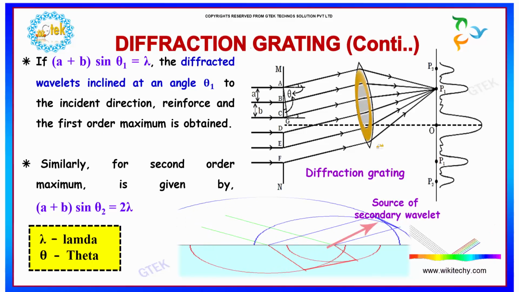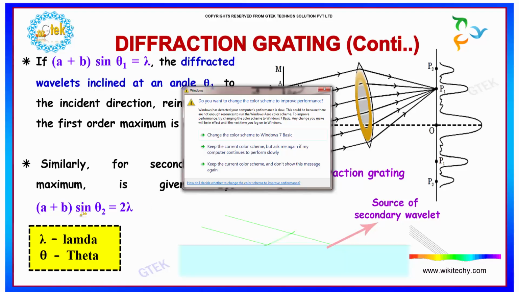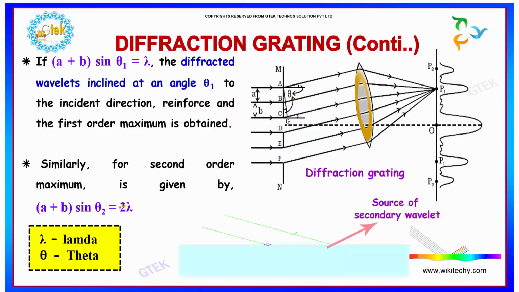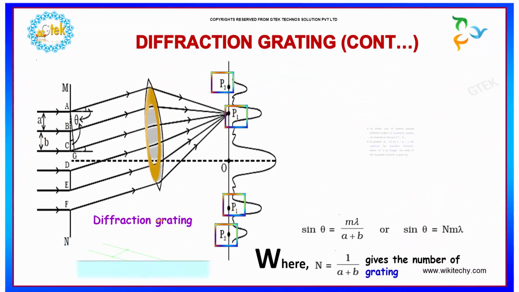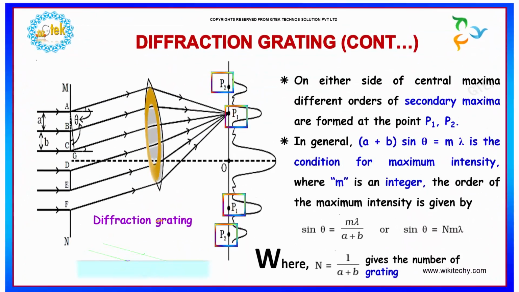Similarly, the second order maximum is given by (A plus B) sin theta 2 is equal to 2 lambda. This is considered as the first order and this is considered as the second order. On either side of the central maximum, different orders of secondary maxima are formed at points P1 and P2.